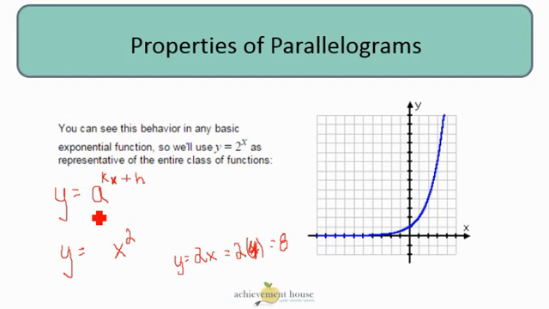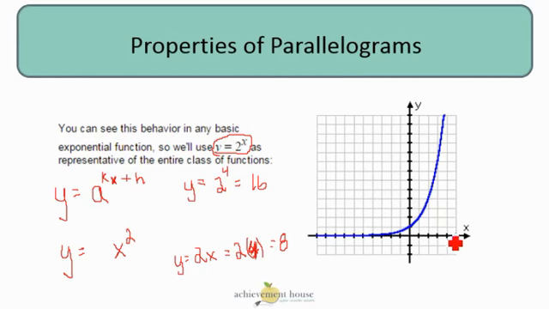In exponential equations, if I use what's being graphed right now, y equals 2 to the x, instead of being added repeatedly, now the constant or the coefficient, the a value, is being multiplied. It's being multiplied repeatedly. So for example, if I have 2 to the 4th now, I'm going to get 16.